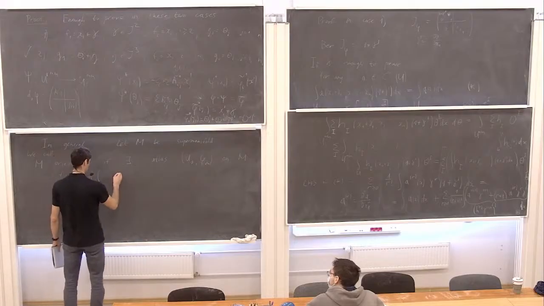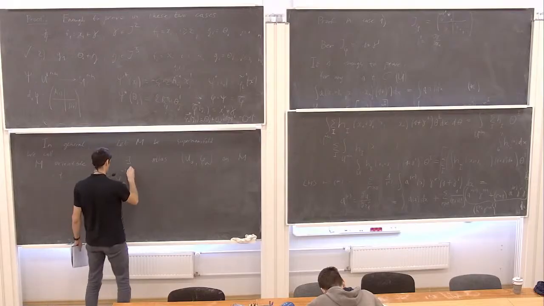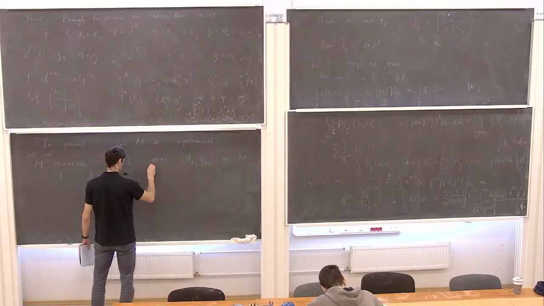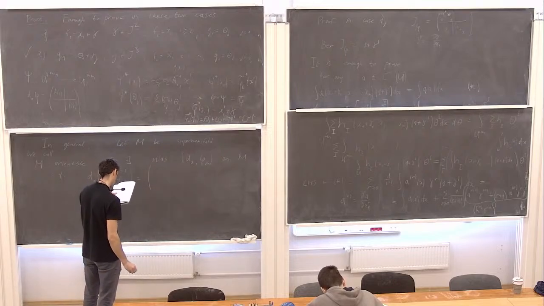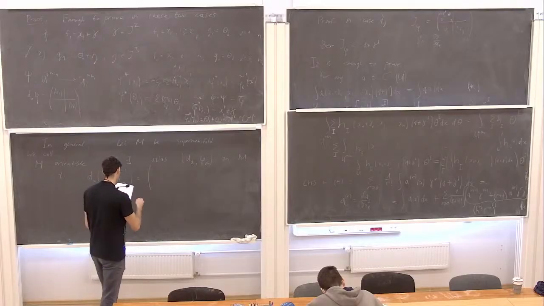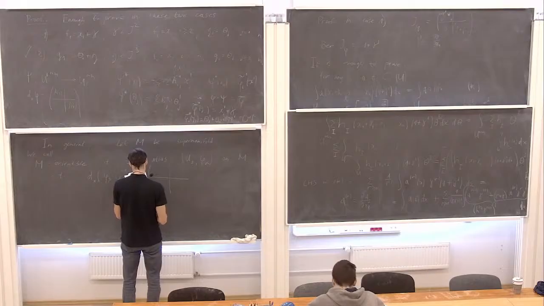I can take phi alpha inverse phi beta on some intersection, and this will again be in block form, right?